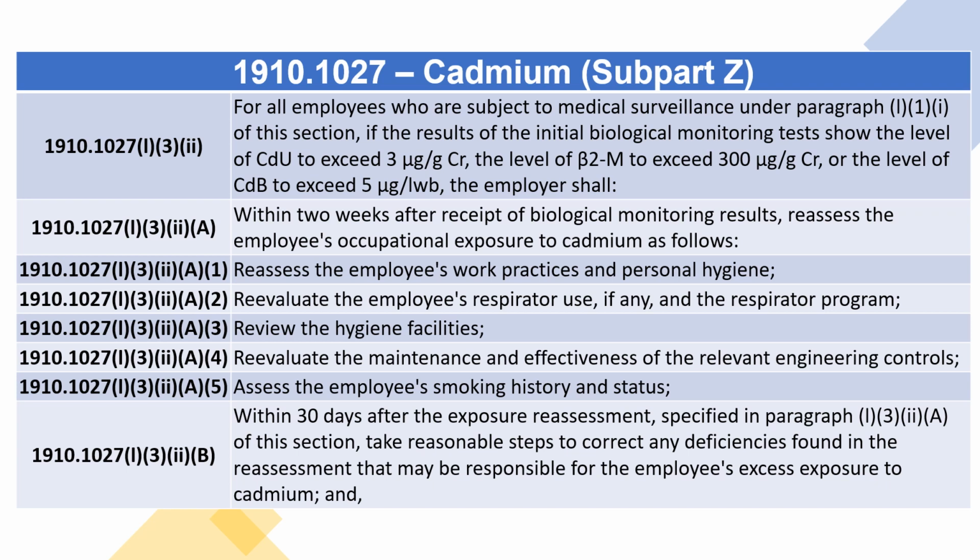Reassess the employee's work practices and personal hygiene. Re-evaluate the employee's respirator use, if any, and the respirator program. Review the hygiene facilities. Re-evaluate the maintenance and effectiveness of the relevant engineering controls. Assess the employee's smoking history and status.